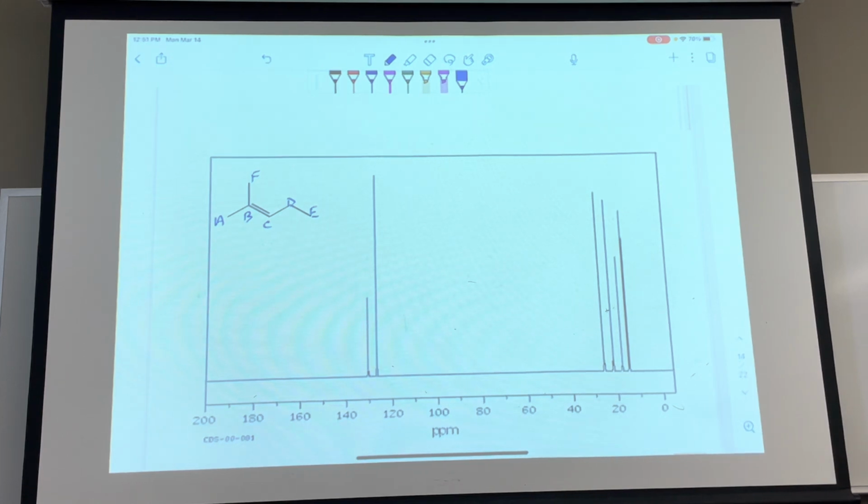Which of the double bond carbons is the furthest downfield? B. Yep, it's got to be B. Not only is it bonded to more carbons, but you'll notice that it's a short peak, which would suggest it's quaternary. So that would make the other double bond carbon here. What's next?